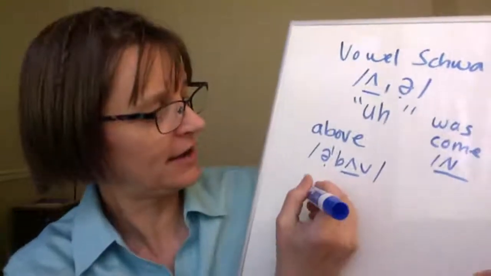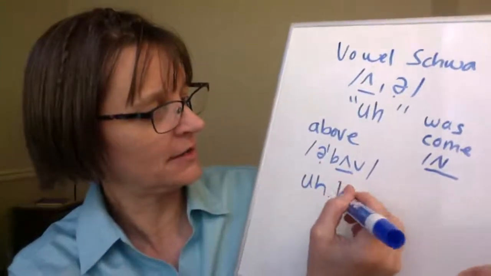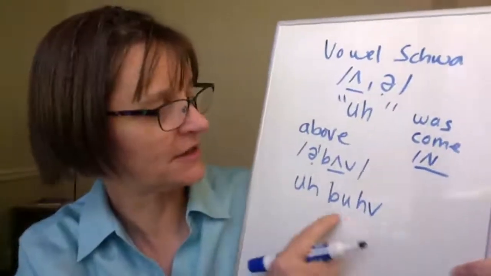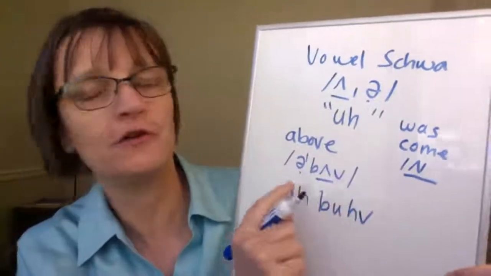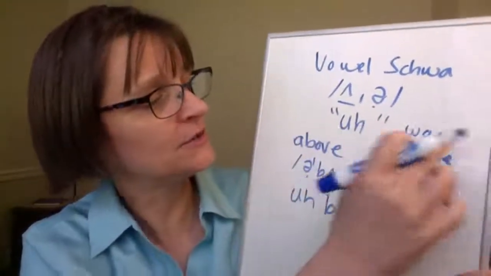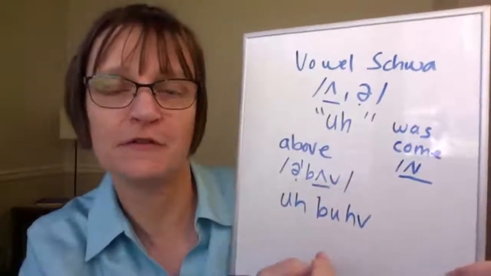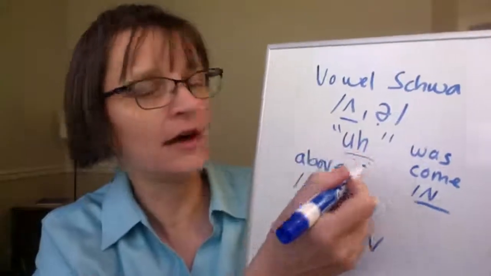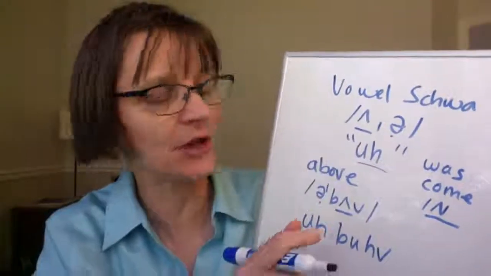But you can hear how it sounds like "uh-buv". Both of the vowel sounds are the same sound. So that's just useful when you're trying to figure out where the sound is. You can see it's spelled many different ways, and that's part of why it can be confusing. It will always sound like "uh", sometimes short, sometimes long.